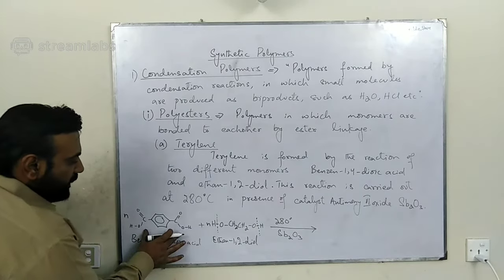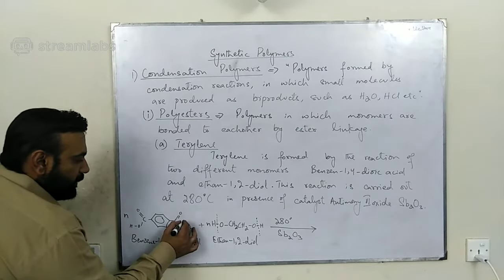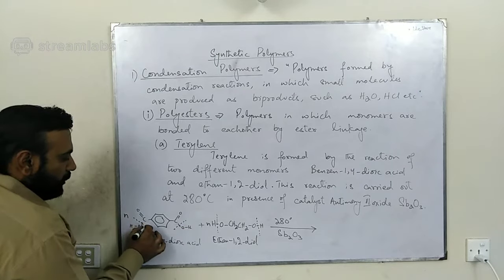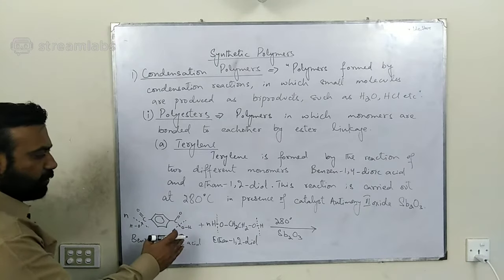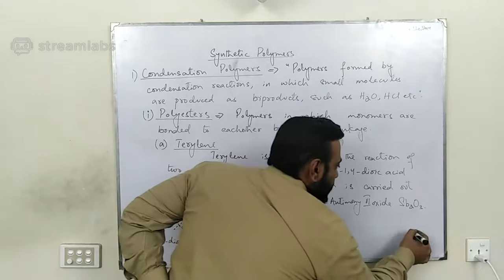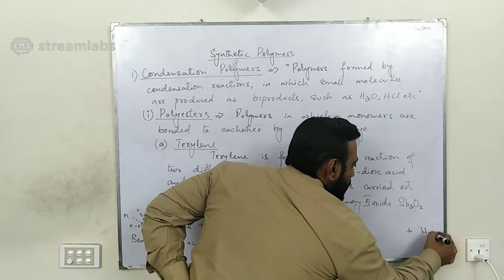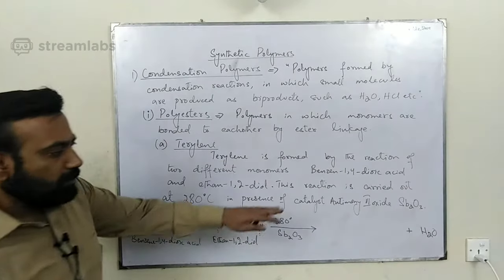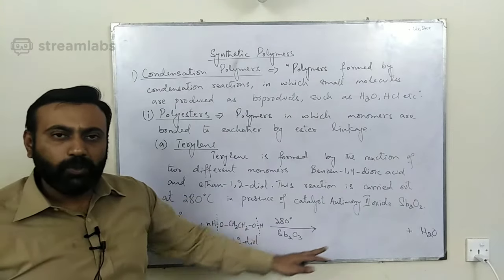Now the carboxylic acid group of this dioic acid will lose its OH group from each side. These H and OH groups will combine with each other to form H2O. So the small molecule water has been produced as a byproduct.